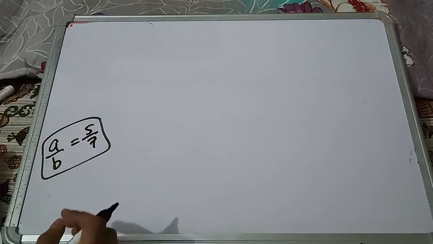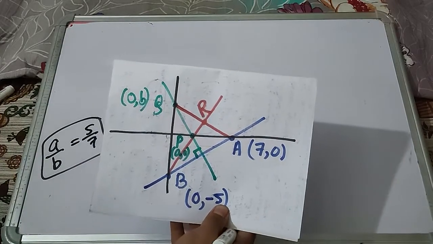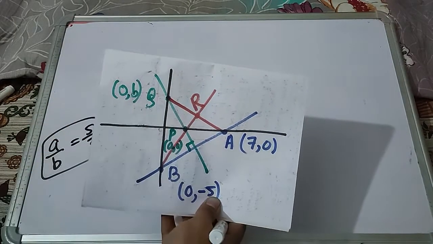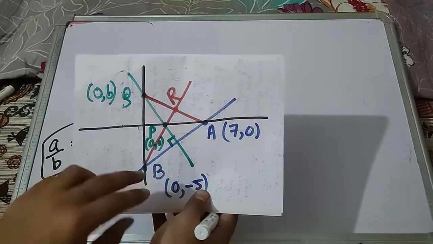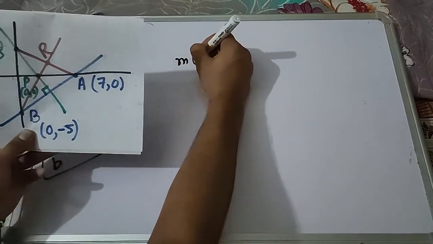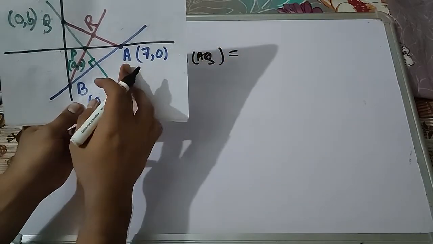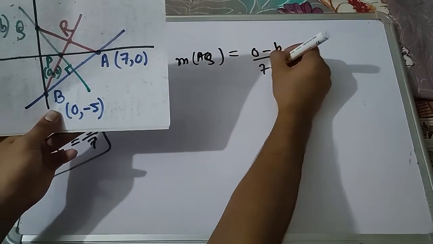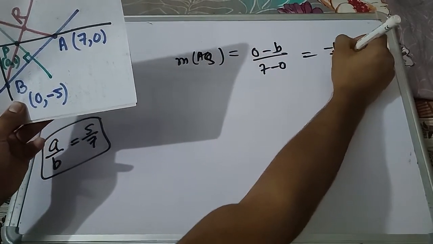Now, because the question said that AQ and BP intersect at R, we need to find the locus of R. So first let us find the equation of AQ. For that we first need the slope of AQ: 0 minus B by 7 minus 0, which is minus B by 7.